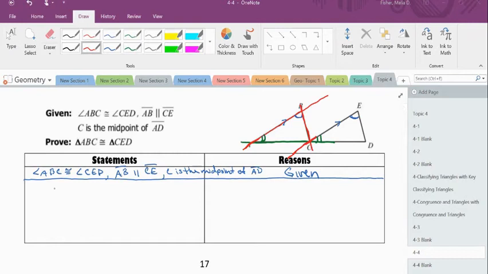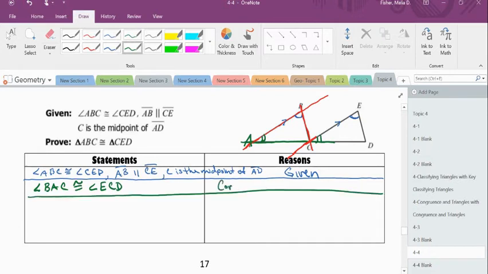So I'm going to be able to say the angle BAC is congruent to angle ECD. And my reason is corresponding angles theorem.